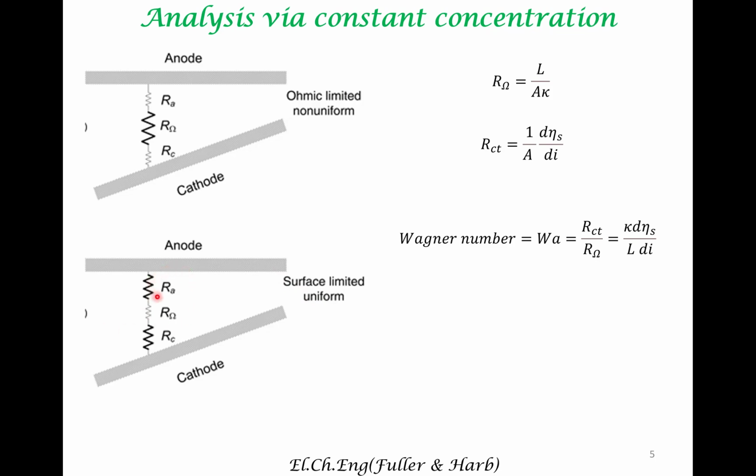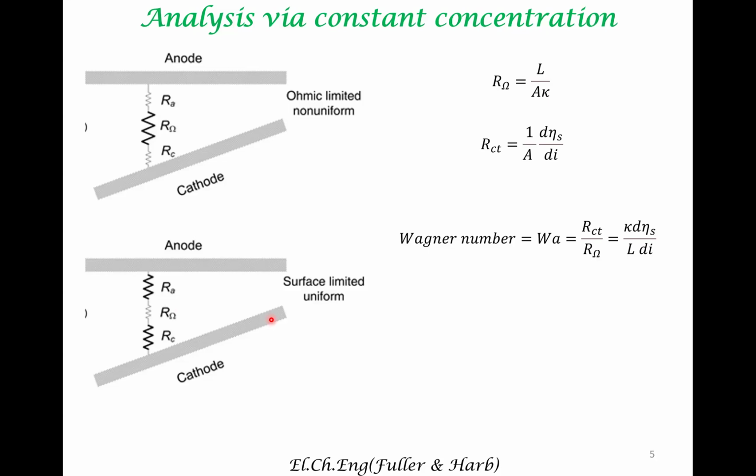So you would have Ra and Rc controlling your electrodeposition, and that doesn't significantly vary across your electrochemical cell. Therefore, even in this case, when L varies and R omega varies, you may still have uniform electrodeposition.